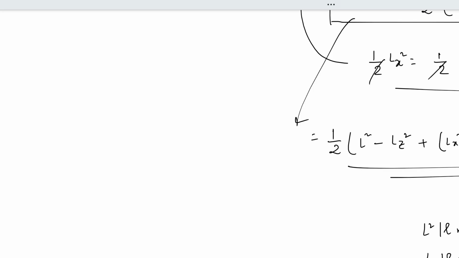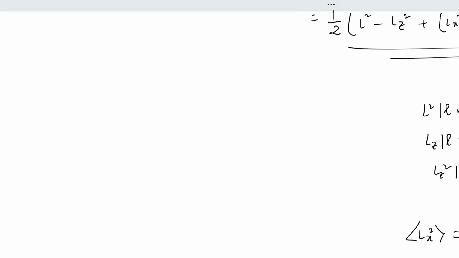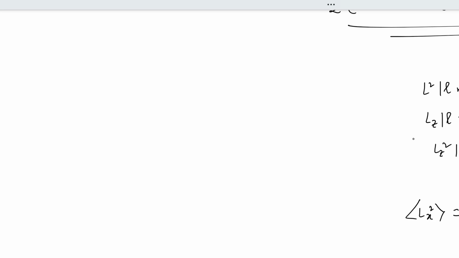But for lm there is nothing specific for x or y, so the expectation value of Lx squared will be the same as the expectation value of Ly squared, since the x and y directions are equivalent with respect to this state lm. They are independent of the choice of direction for x and y, but for z that is different, so that is why we cannot write it down like that.